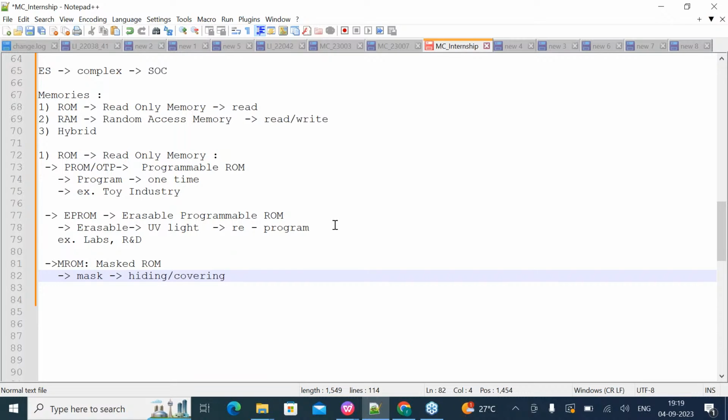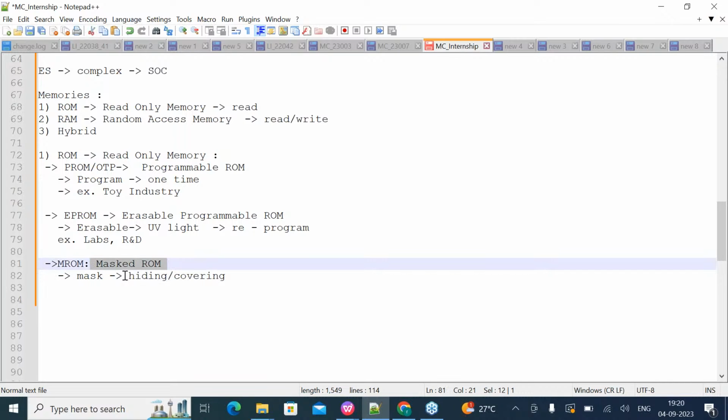The chip ID and lot number of your product are things you have to store in your application, but you want to hide them from the user, so you store them in the mask ROM, and the user does not have access to this memory. So usually it is masked.